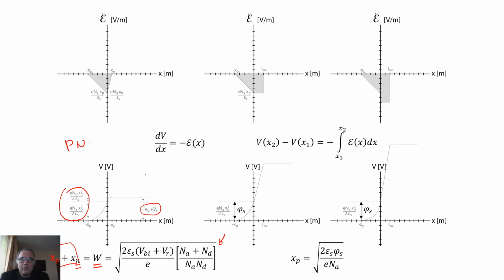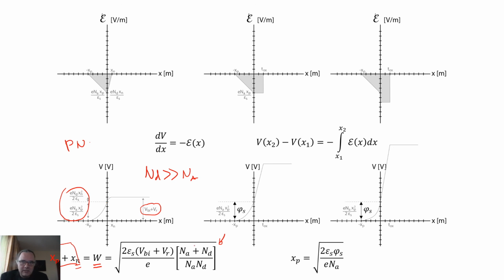So we consider now the case when the donor concentration is much bigger than the acceptor concentration. So if this is the case, we have single-sided junction, and here we'll have almost no extension, so Xn will be almost 0.